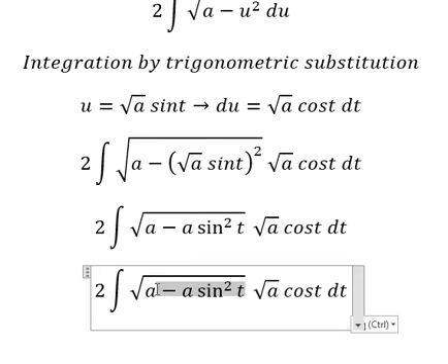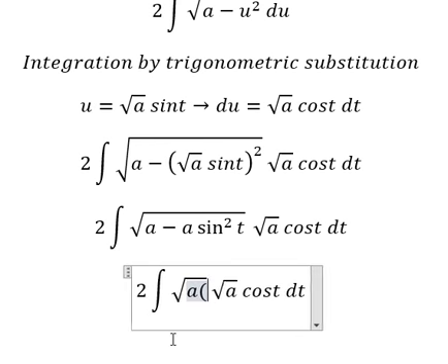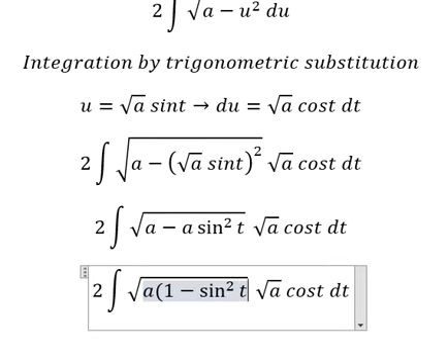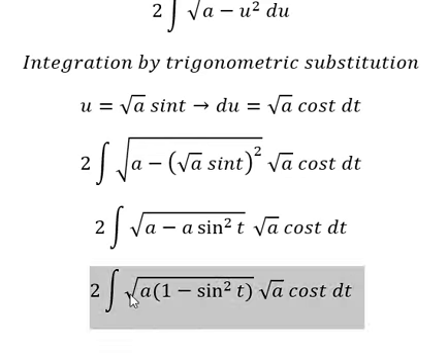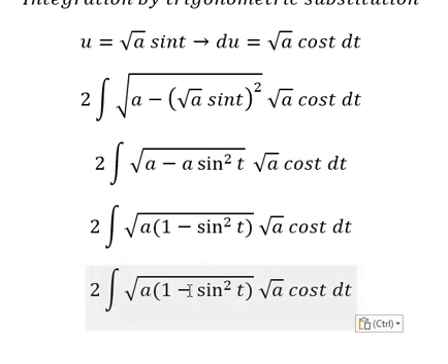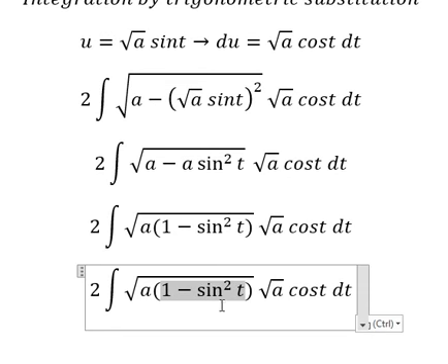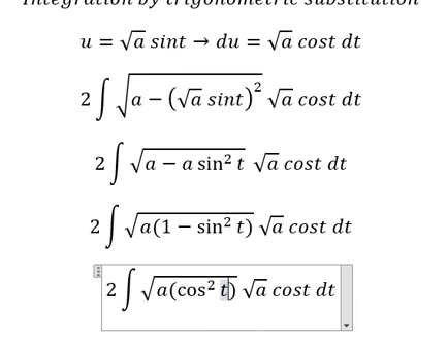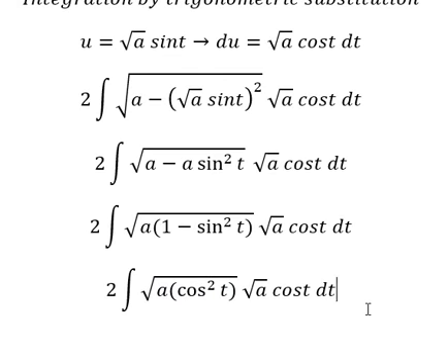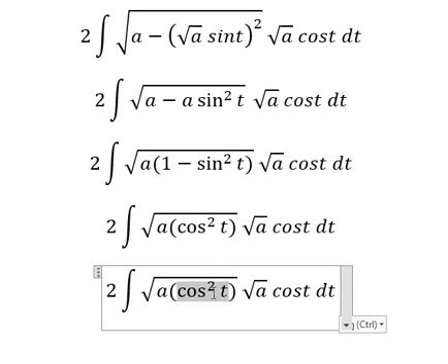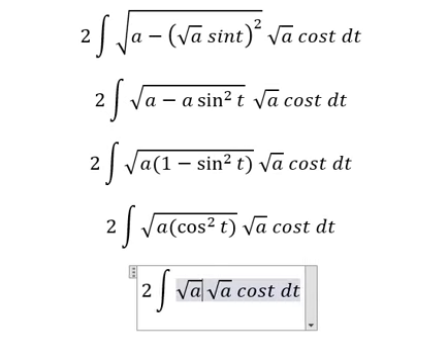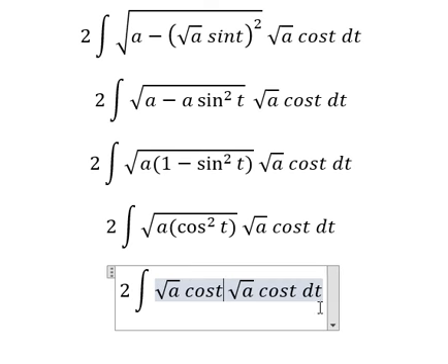We can do factorization. So 1 minus sine t square we change by cosine t square, and this one we have the square root of a and cosine t.